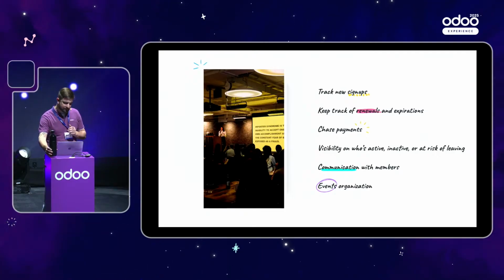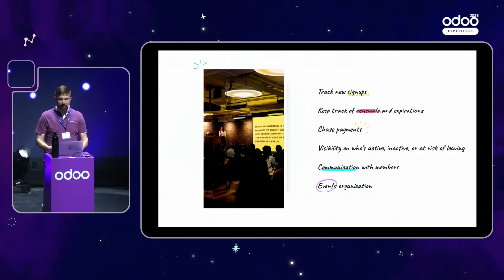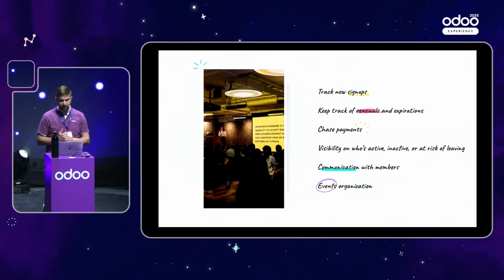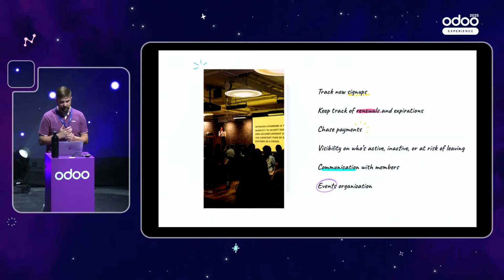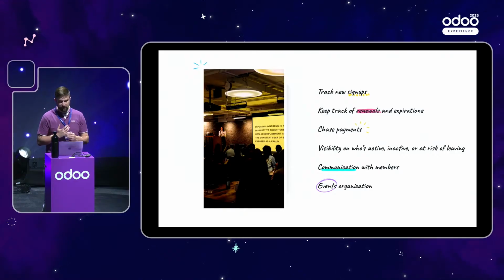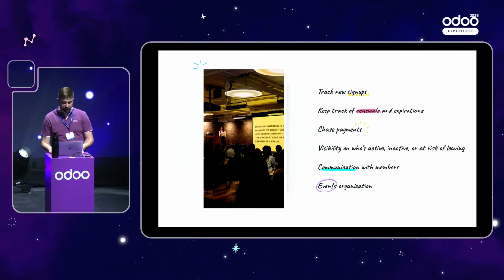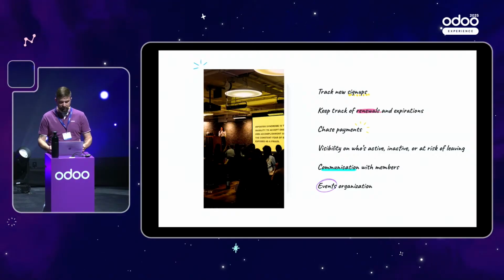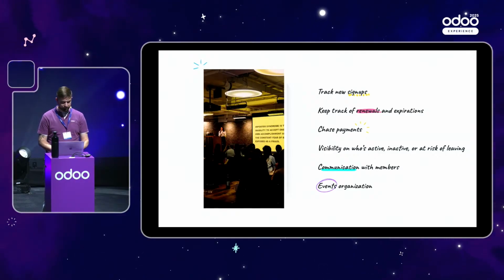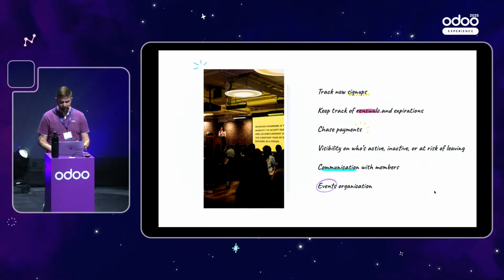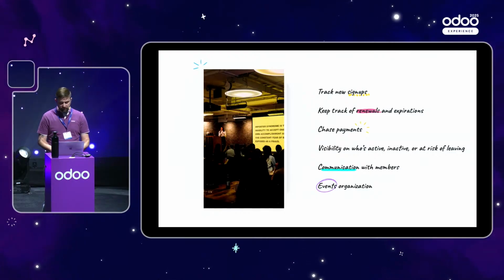It's really a struggle to chase payments, specifically when you have renewals and subscriptions that need to be paid every year, and to keep correct track of who's active, who's inactive, and who is at risk of leaving. And finally, it's important for a club to have the correct tools to communicate and to organize events to animate the community.